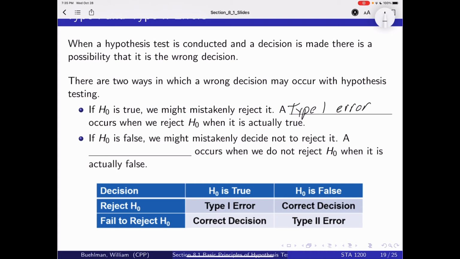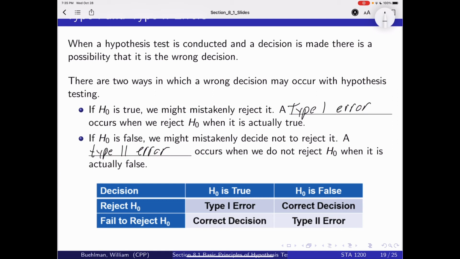If the null hypothesis is false, we might mistakenly decide not to reject it. A type 2 error occurs when we do not reject the null hypothesis when it is actually false.